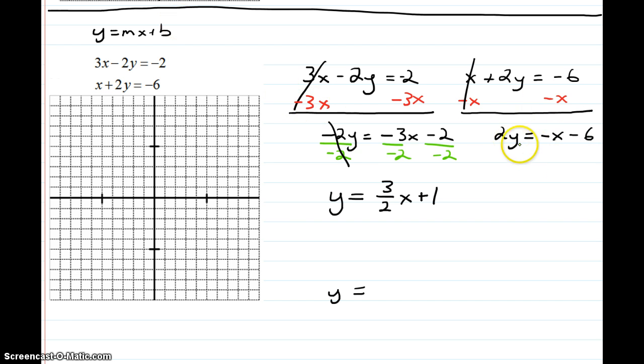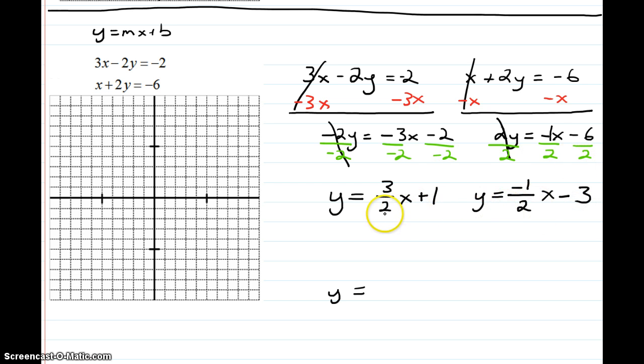It's 2 times y, so the opposite of times is divide, so we divide everything by 2. So these 2's cancel, and I get y equals. Now remember that there's a 1 here, and so this becomes -1/2x. This is a minus divided by a positive, so it's going to stay minus. 6 divided by 2 is 3.